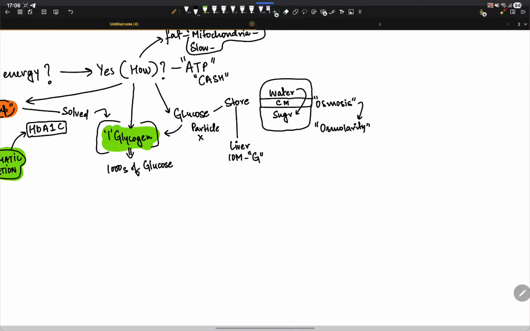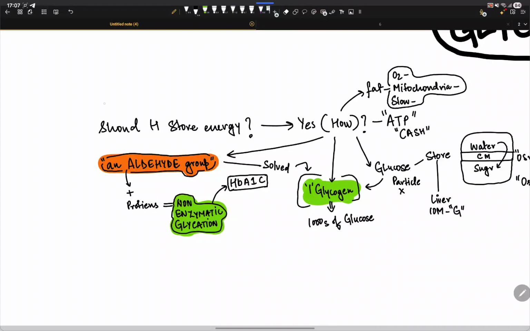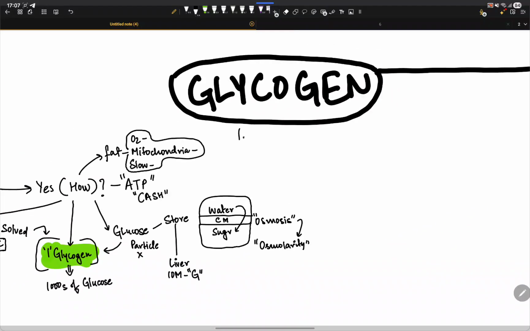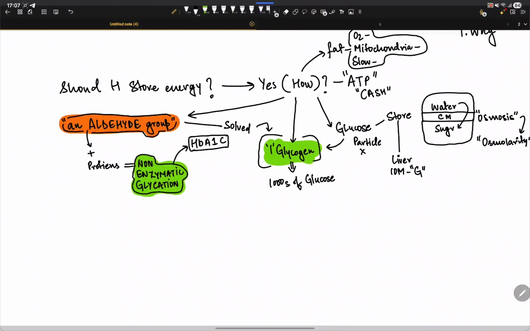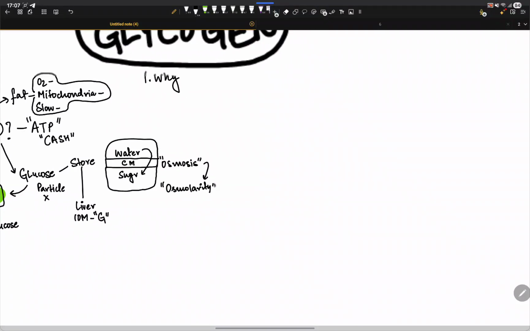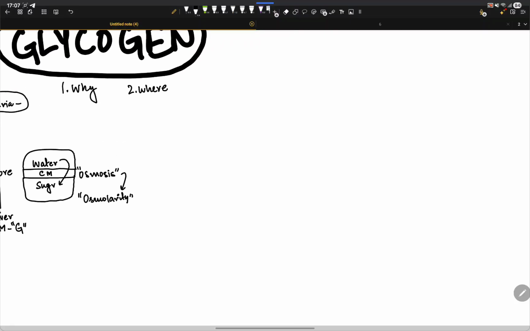That solves the first question, why do we have glycogen, right? That's simple. The first question was why, and we answered it. Because it solves a unique set of problems.